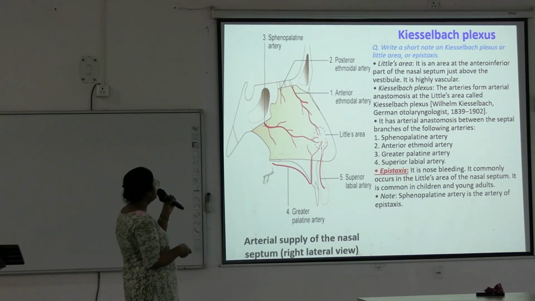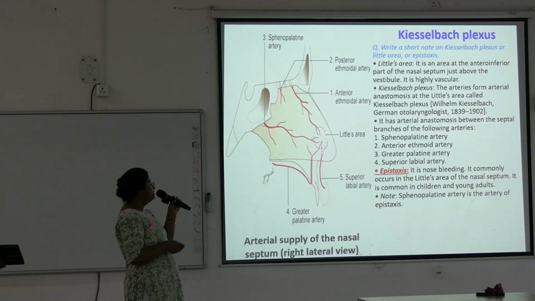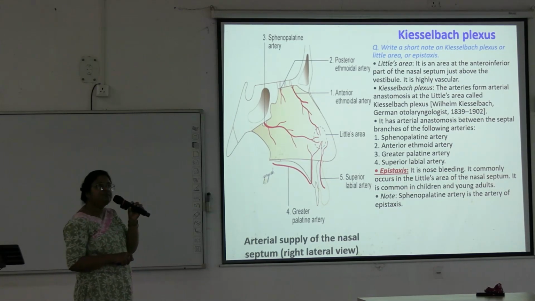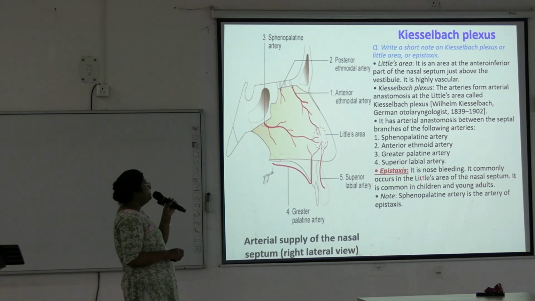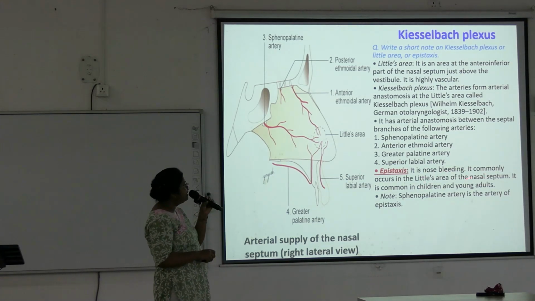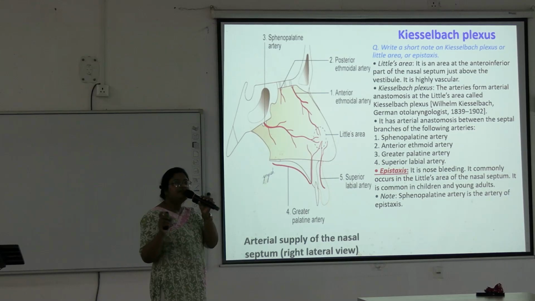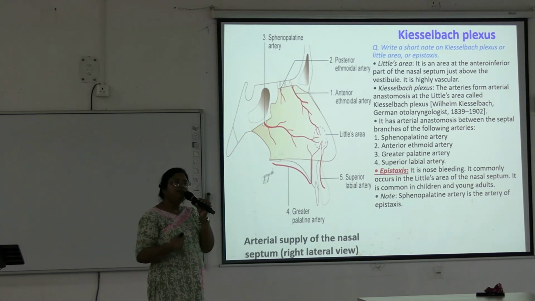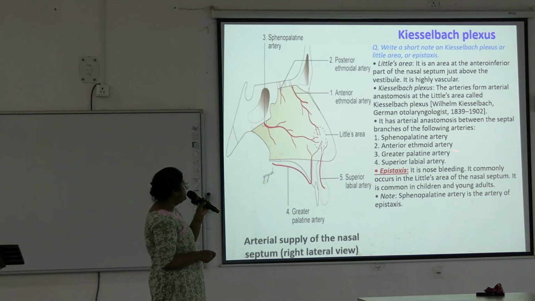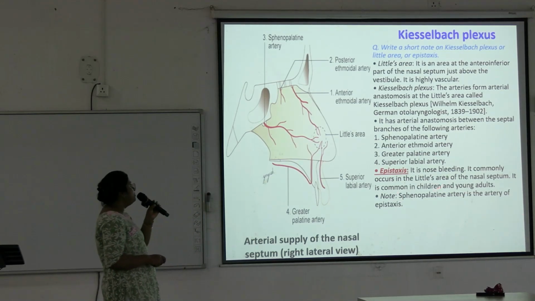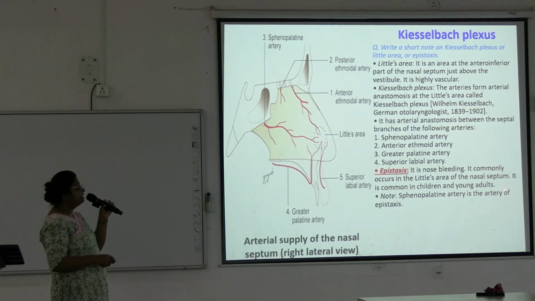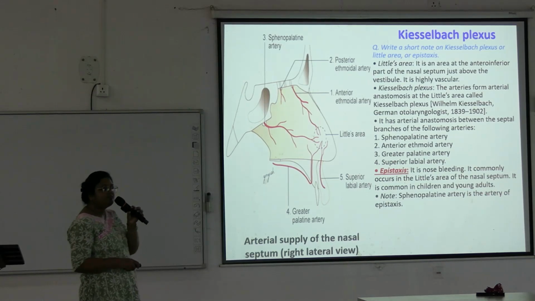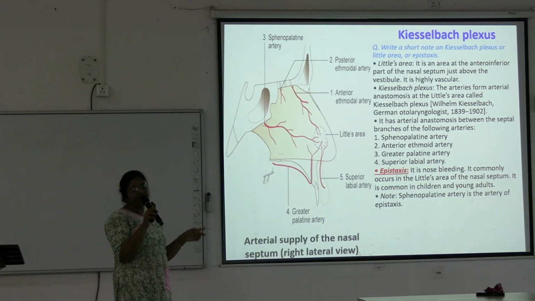Okay. Next is epistaxis. Epistaxis is nose bleeding. It very commonly occurs in Little's area of the nasal septum because it is highly vascular. Maximum arterial branches are present here in Little's area, and it is common in children and young adults. Nose picking is common in children and young adults.